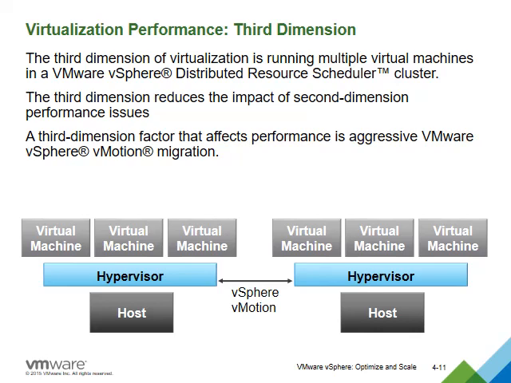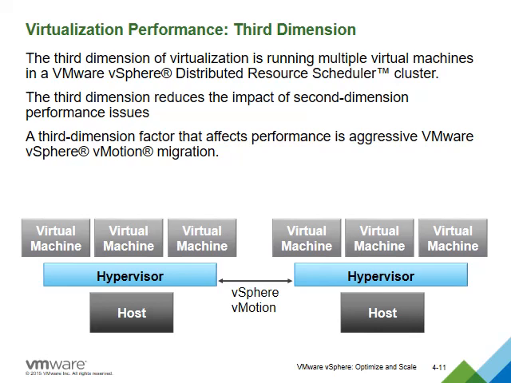However, a cost is associated with running VMs in a DRS cluster, and one cost, for example, is the amount of vSphere vMotion migration that the DRS cluster performs to balance your VMs across multiple hosts. This third dimension also reduces the impact of the second dimension performance issues. And one thing to note also is that a third dimension factor that affects performance is aggressive VMware vSphere vMotion migration.